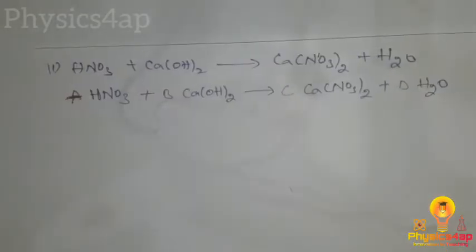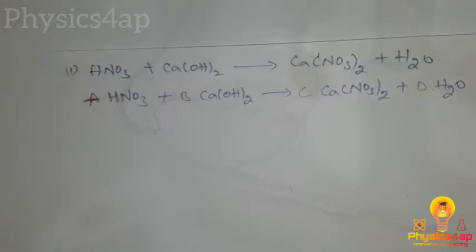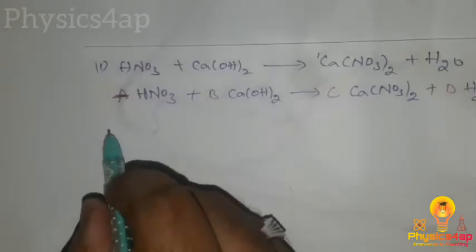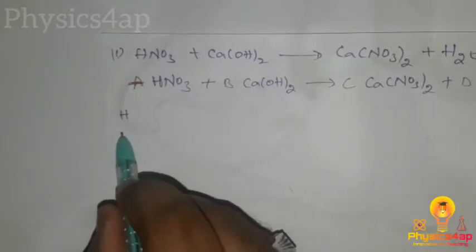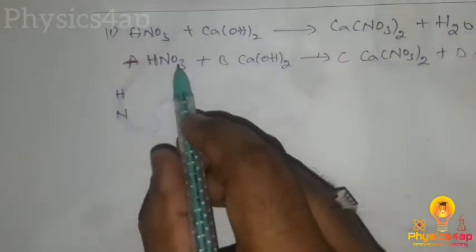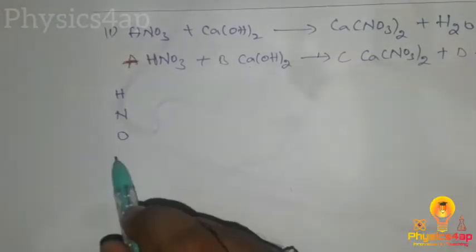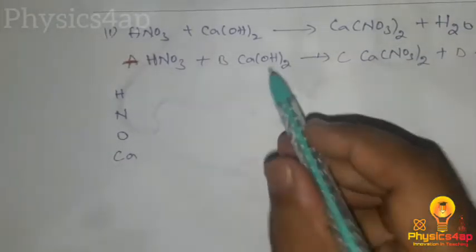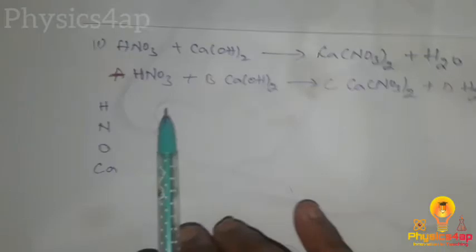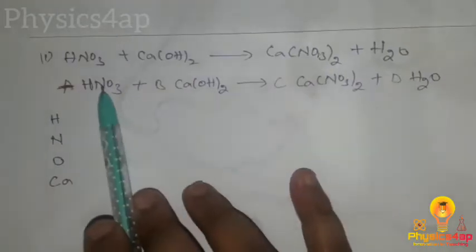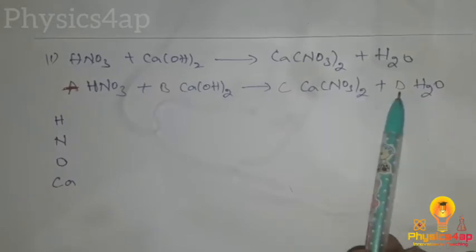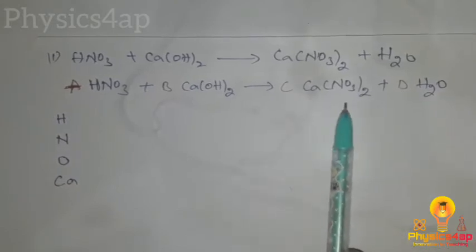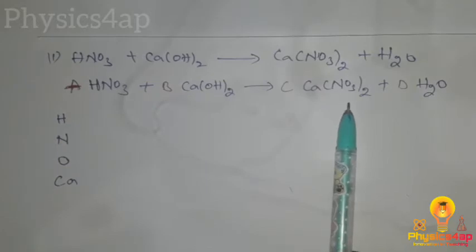Now what we have to do is take each and every element. First we have hydrogen, next nitrogen, next oxygen, next calcium, that's it. The same atoms present on the left hand side will also be present on the right hand side, but the number of atoms will vary, so we have to balance that variation.